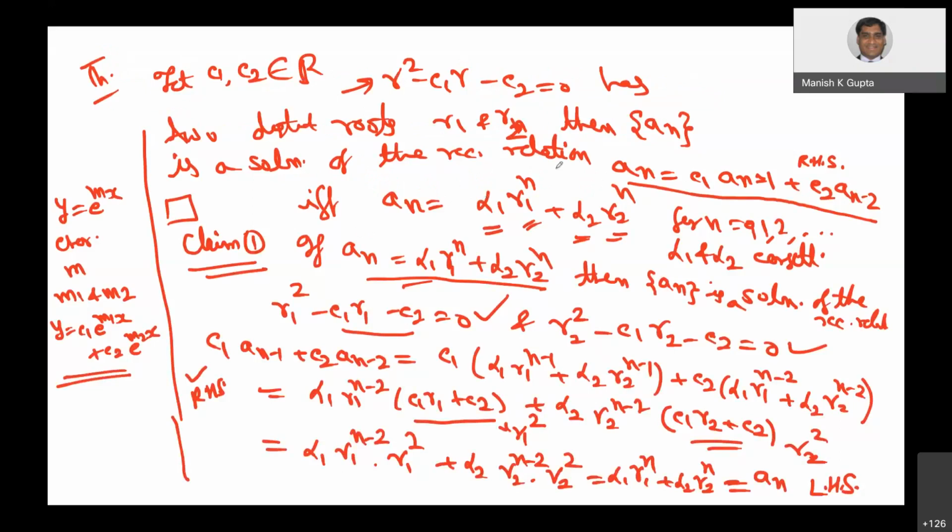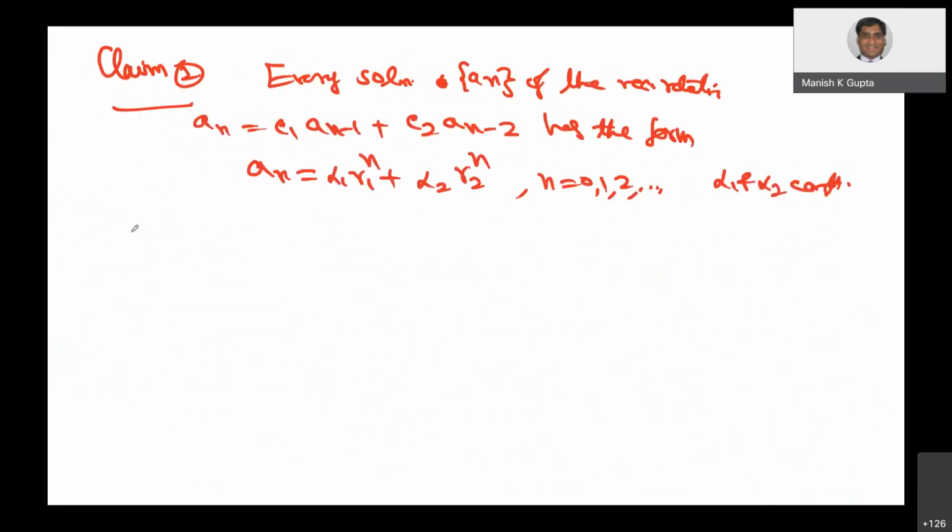So you see this if and only if condition is there here. That means an is a solution of this recurrence relation if and only if an is of this form. Once we assume an is of this form, we have shown that an is a solution. Now we will show that every solution an is of this form only, right? So suppose an is a solution of the recurrence relation with initial conditions a0 is equal to c0 and a1 is equal to c1.